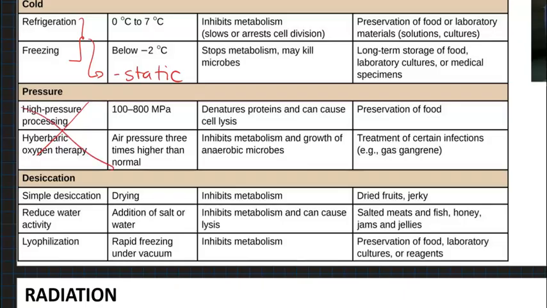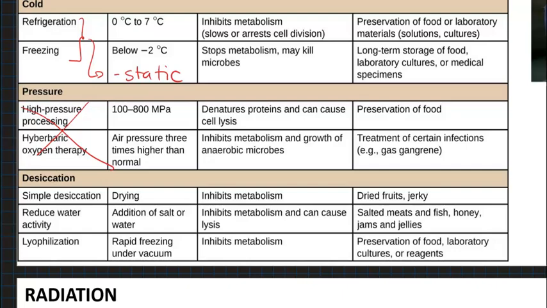Two reasons. Oxygen therapy is more of a medical treatment, specifically for anaerobes. High pressure processing, I read the papers. It is not impressive. I mean, the effectiveness. I really read the research papers.